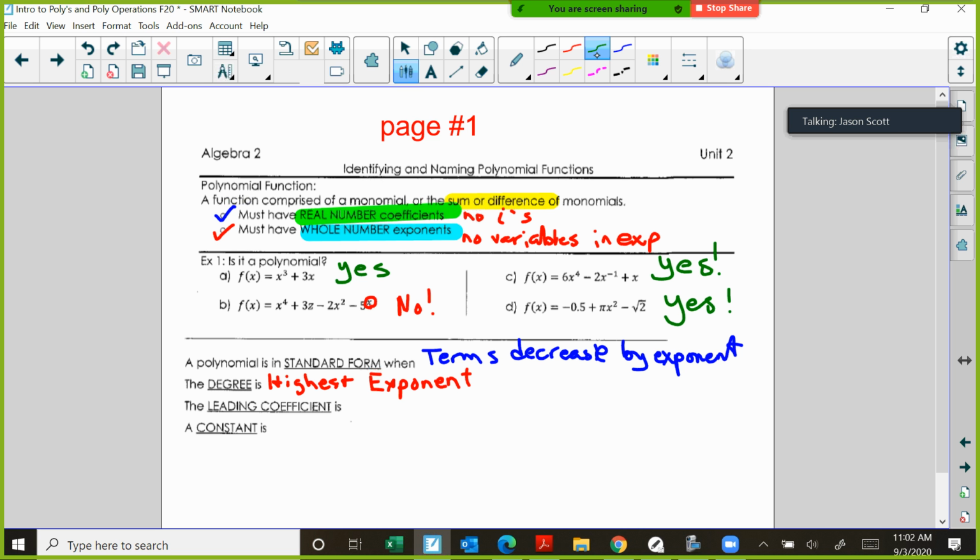The leading coefficient is the number with the degree term.